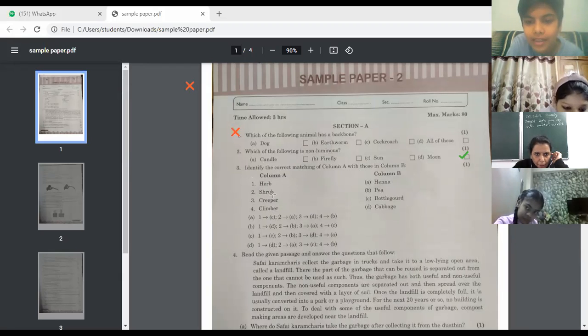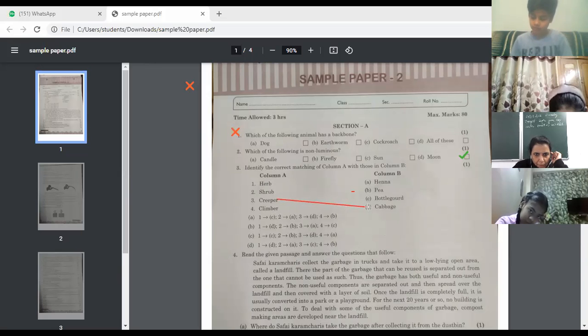No, ma'am, I think it is henna. Yes, henna. Next, cabbage is a creeper. Yes, cabbage is a creeper. Climber: bitter gourd. And yes, shrub.